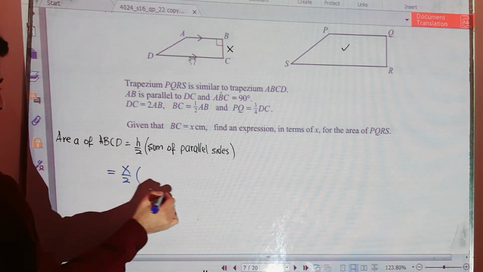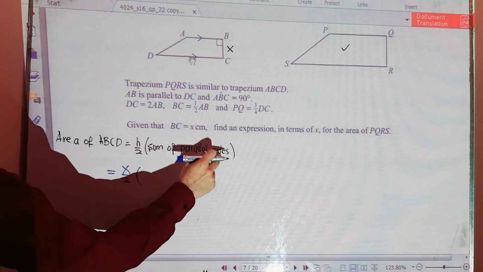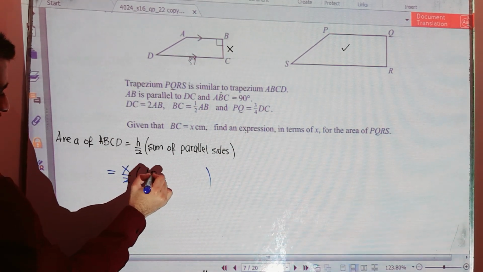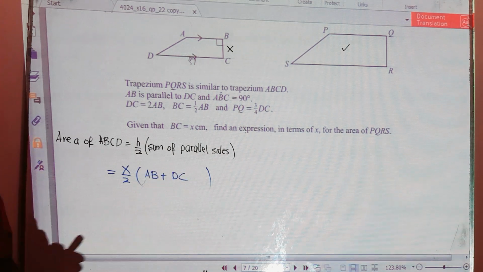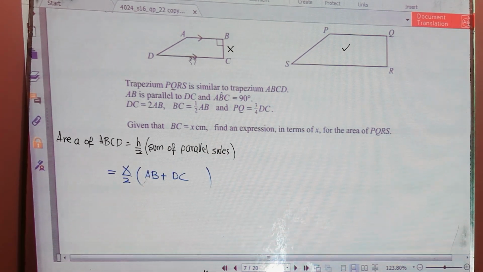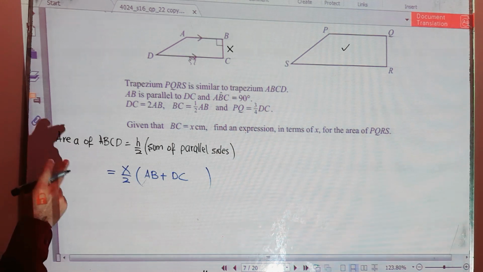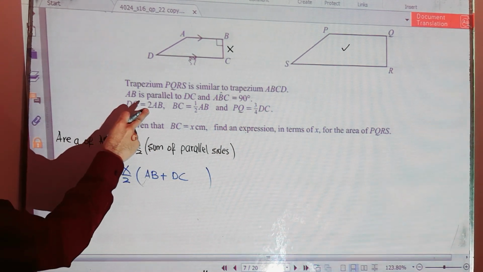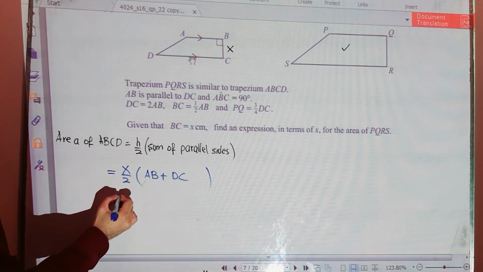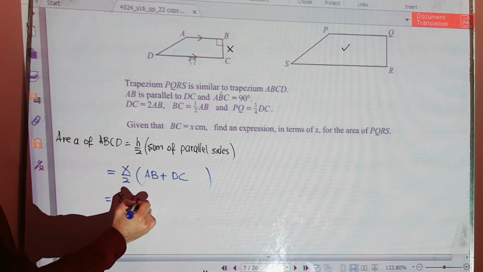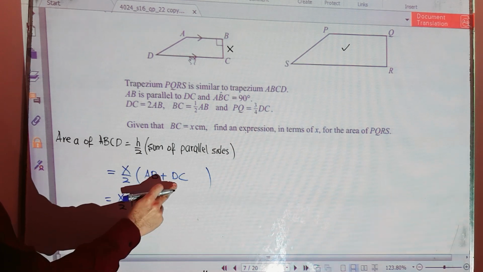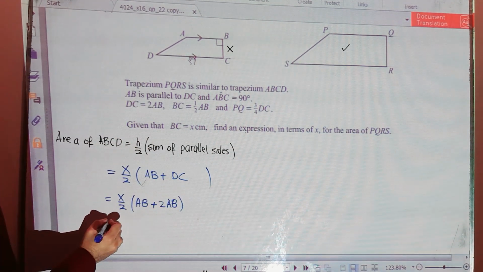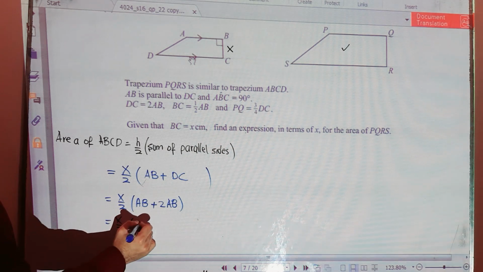It will be x/2. AB and DC are parallel sides, so AB plus DC will be used, whereas DC is twice AB. It will be x/2 (AB plus DC), which is equal to 2 times AB. So from here it will become x/2 into 3AB.